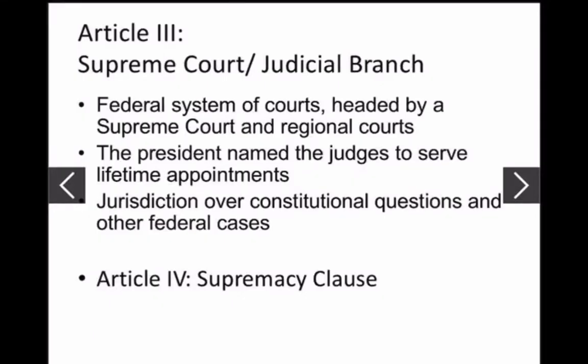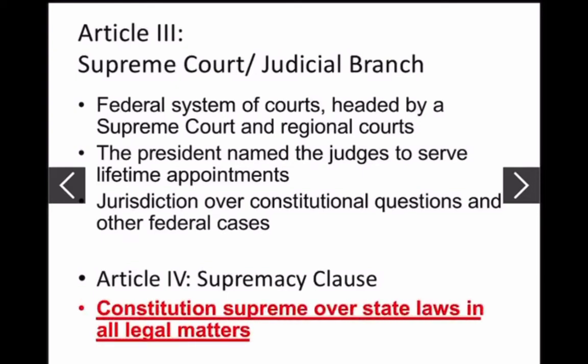Okay, so let's talk about Article 4 in the U.S. Constitution. This one deals with the Supremacy Clause. Basically, what this part of the Constitution states is that the Constitution is supreme over all state laws in all legal matters.